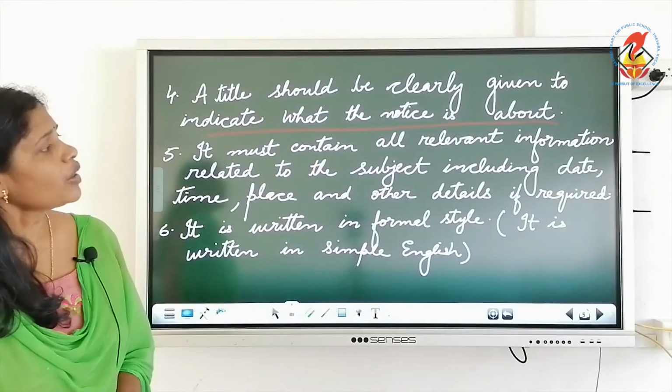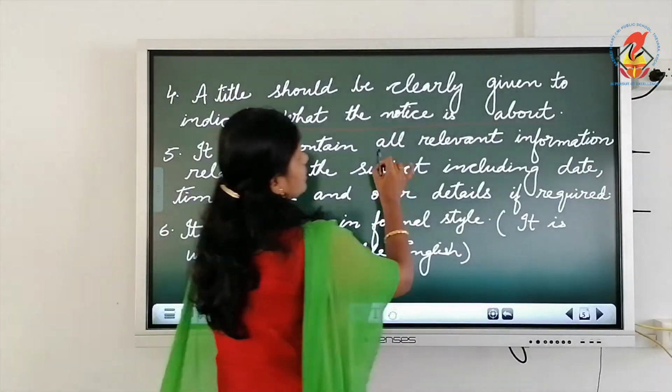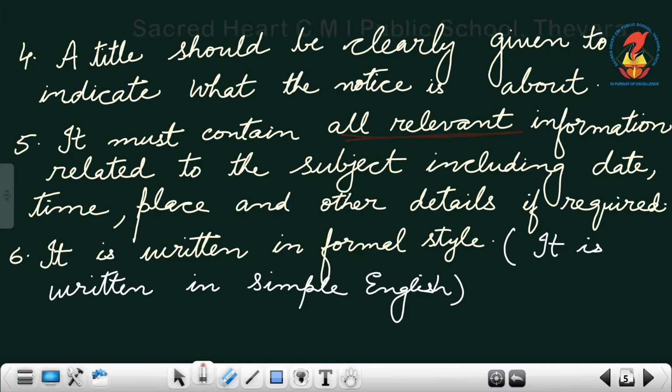It must contain all relevant information. All important information about the notice should be mentioned, which includes date, time, place and other details. Again I am repeating this. It must contain all relevant information related to the subject, including three important things: the date of the event, the time of the event, the place of the event and other details if required.